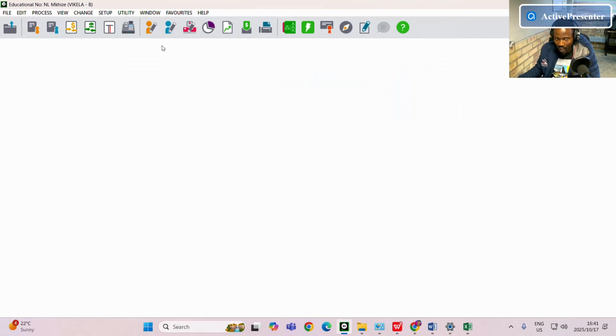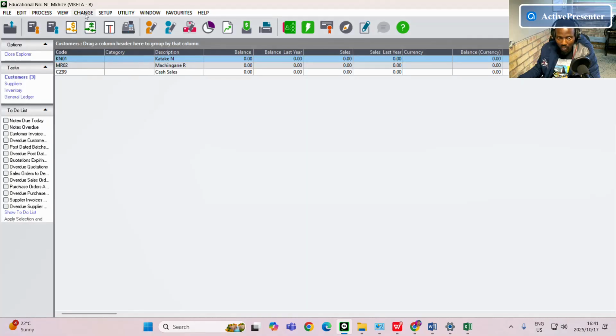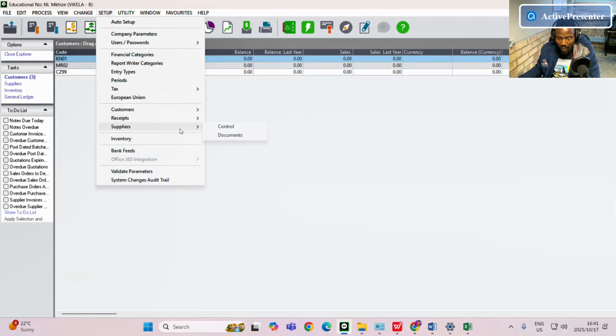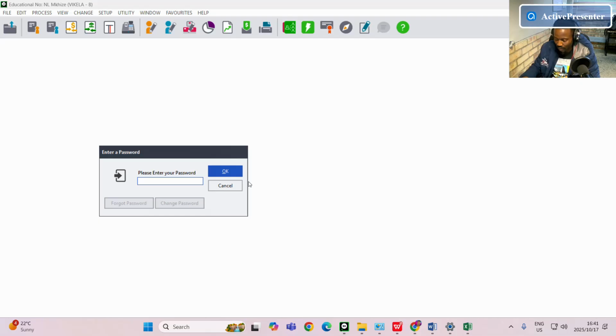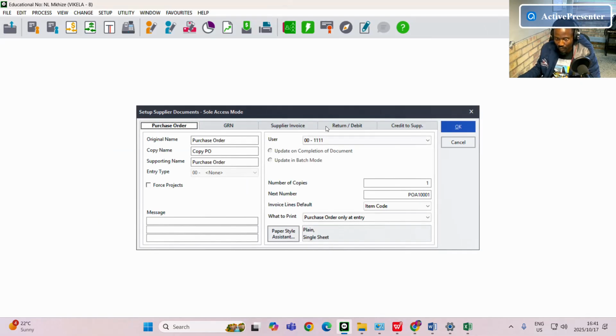Before I even start with the debit note, let me go to setup, suppliers, then documents. I'll be going to return slash debit. It says, number one, rename the return to debit notes. So I'm just going to write debit note. Okay, that one is done. It says tax invoice. I'm avoiding that for now.